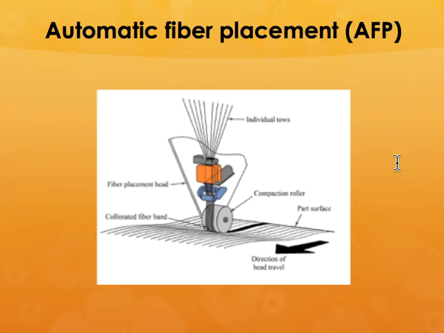Most of the time it is a fibrous pre-preg where the pre-preg already has some amount of resin infused into it, and you heat up this head and it lays it down, and then you compress it and make sure that it bonds well with the layer beneath. This process is used very widely in automated manufacturing of extremely large components, for example the fuselage for the 787.